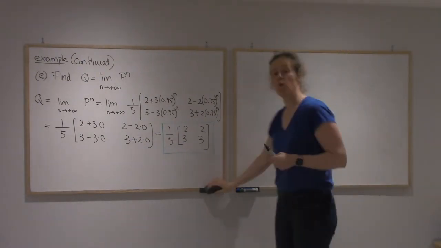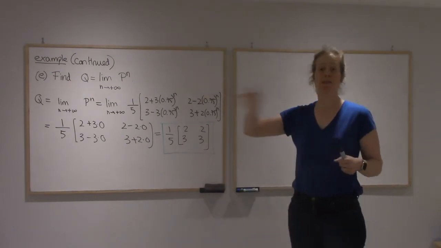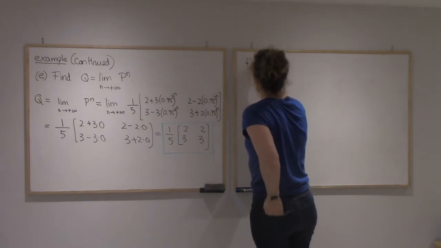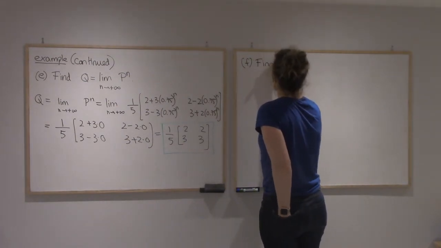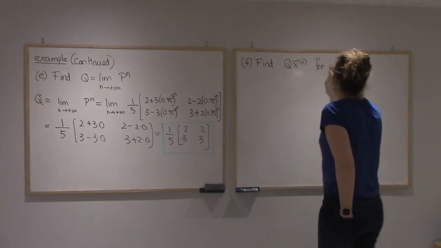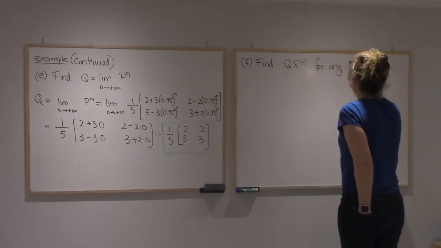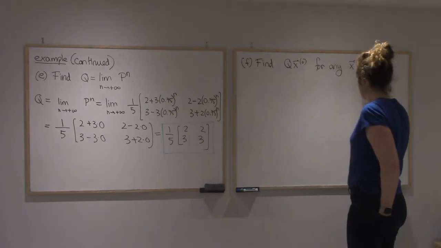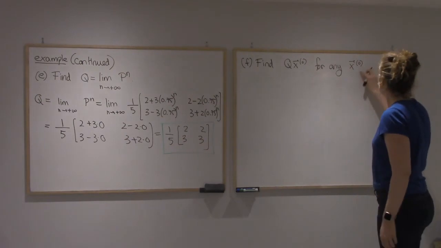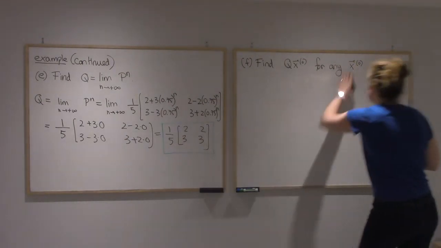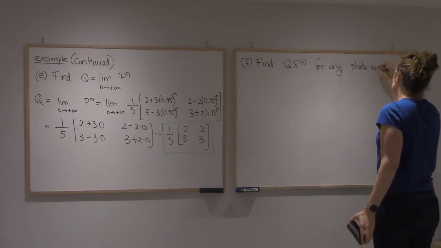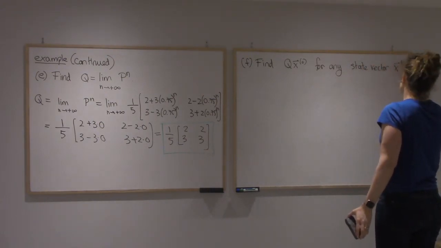Now I want to figure out what happens when I apply this matrix to any state vector. So find Q of x0 for any x0. Any state vector x0.